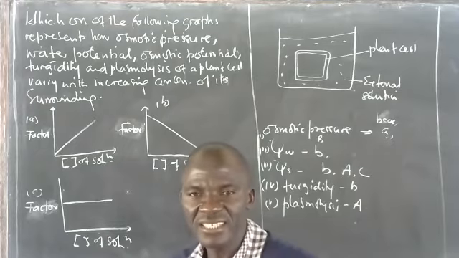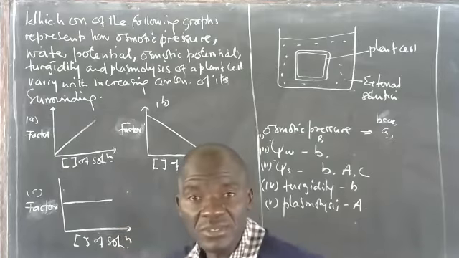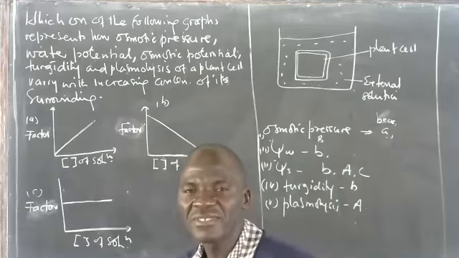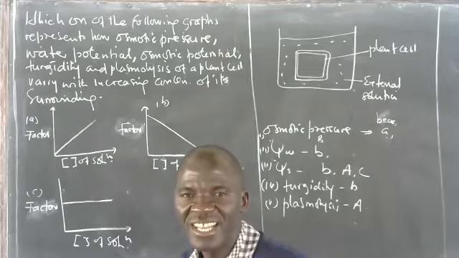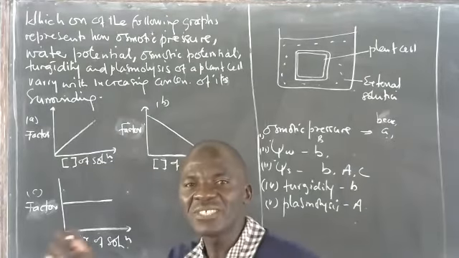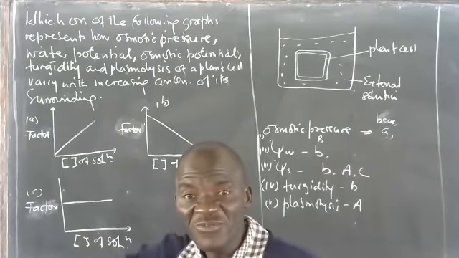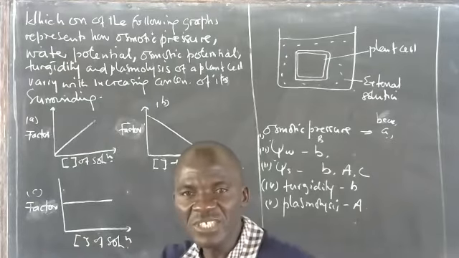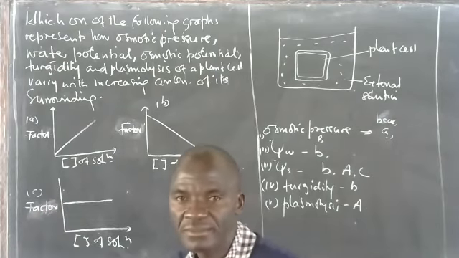So the concentrated solution or the concentrated cell will have a very low water potential, because it is highly concentrated. When it is highly concentrated, we will have very few water molecules which can be moved by osmosis, and that means its osmotic potential or solute potential must be very low.